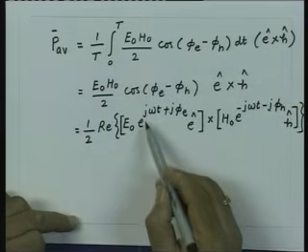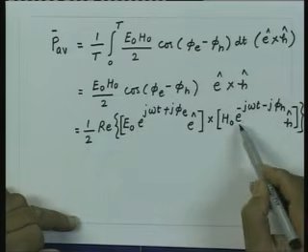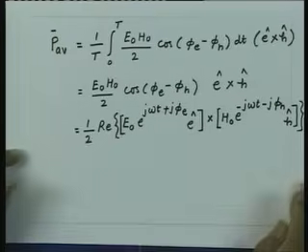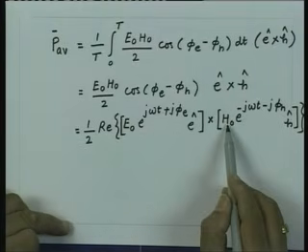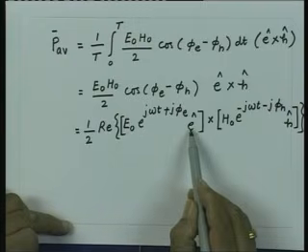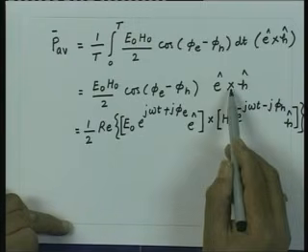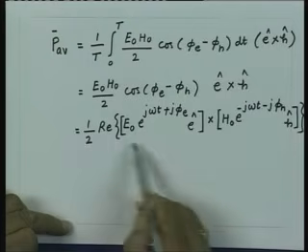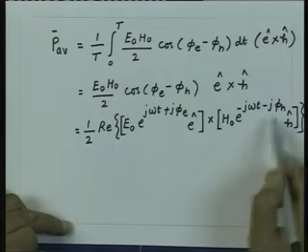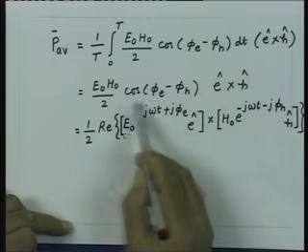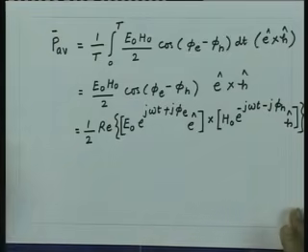So, what we have done? We added this quantity e to the power j omega t and e to the power minus j omega t in the expression. So, if you see here, this will be E 0 into H 0, these are scalar quantities, you will have cross product of E and H, which is this, and if I take real part of this quantity e to the power j phi E multiplied by e to the power minus j phi H, that will give me the cos of phi E minus phi H.